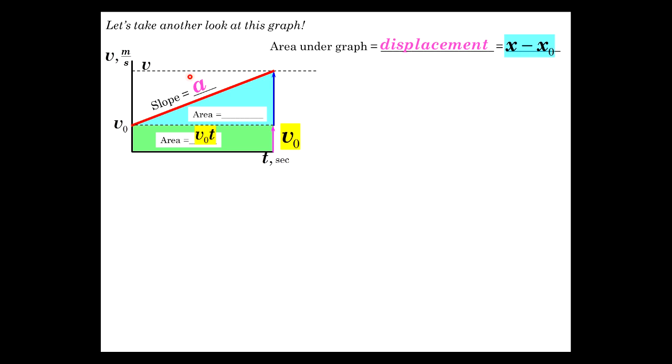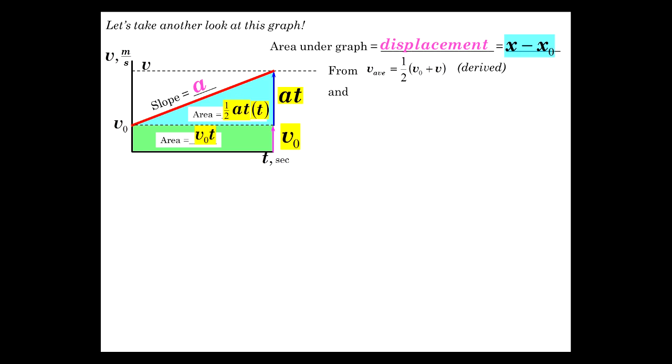It's also equal to the slope times the time. So we can call this a times t. That's the magnitude of that quantity expressed with this arrow here. So this area is 1/2 of this value, at, times the width, which is the time. So 1/2 at times t.